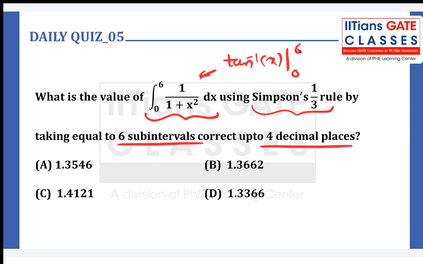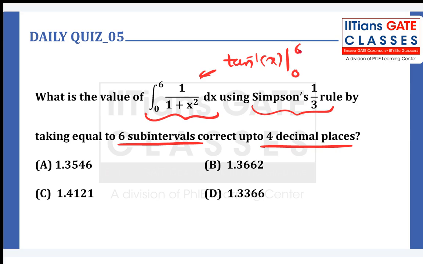So this will be tan inverse 6 minus tan inverse of 0, and that will be your exact integration. Simpson's 1/3 rule will give you approximate integration, right? So in many cases they ask you error, relative error, percentage error, absolute error. Okay, so all those things we have discussed in the classes. They have not asked here, but that is also a very common question. That's what I wanted to try to tell you.